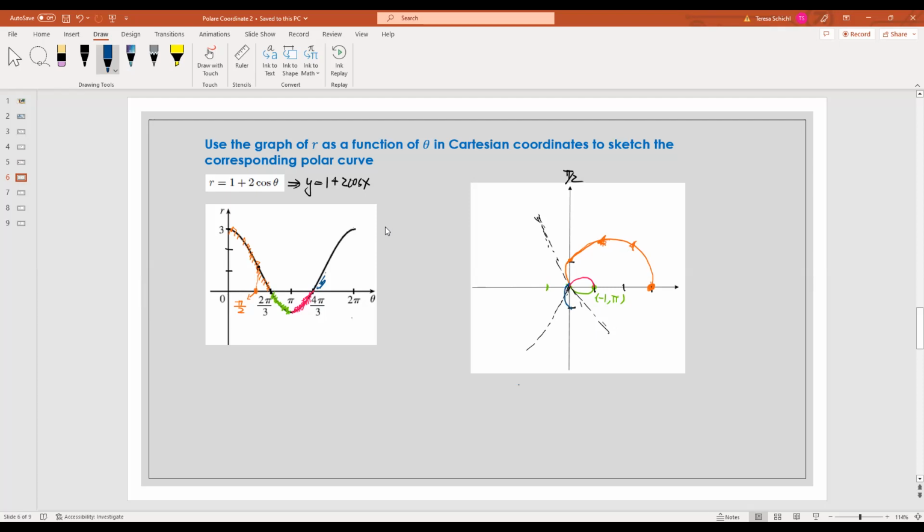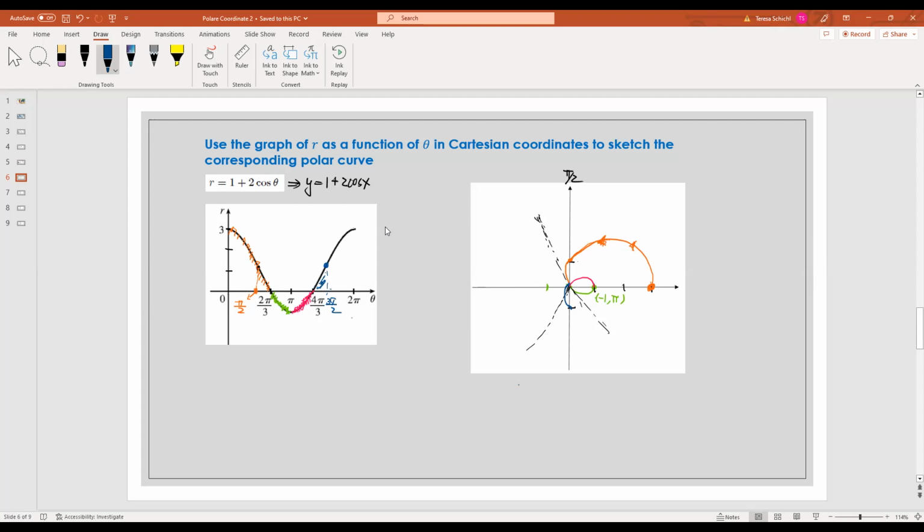Be careful, I made the mark here. That doesn't mean this is a positive 1, this is a negative 1. This is the r, right? Okay, so this is going to be 1. This is 3 pi over 2.